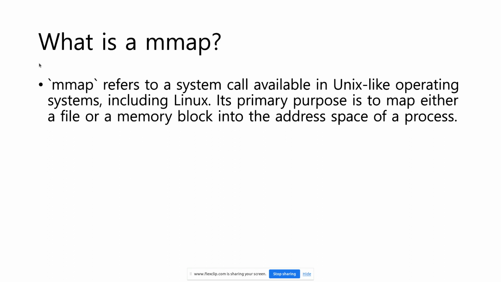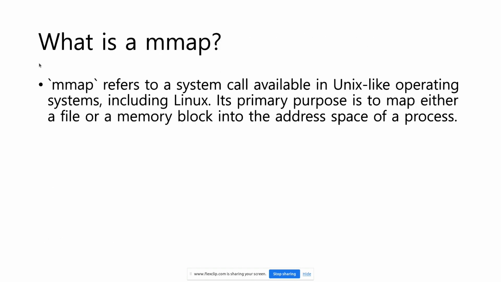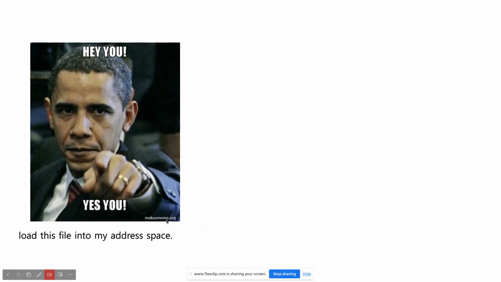That sounds so abstract, so I'm going to try to put an image to it. Normally, the traditional way of accessing a file is using a file descriptor: you can open, read, write, seek and close the file, say the file named foo. But let's use another way. I say, hey kernel, load this file foo into my address space.